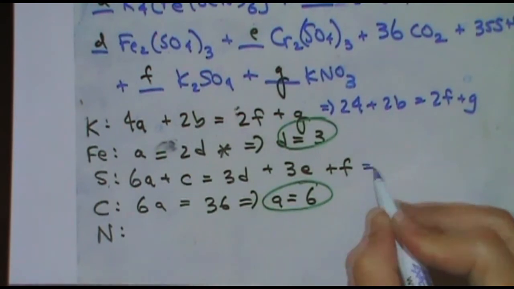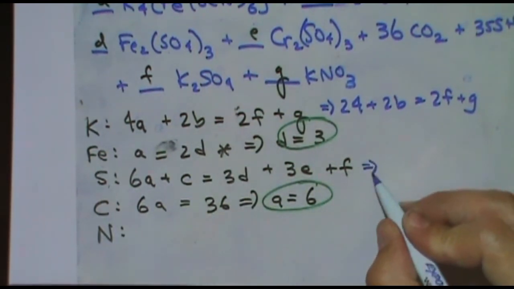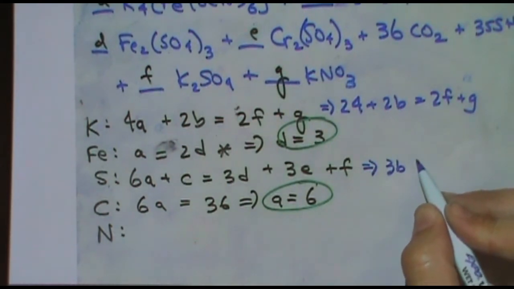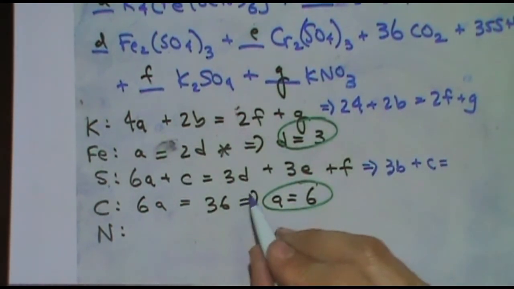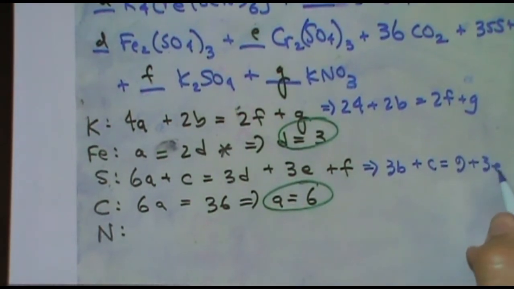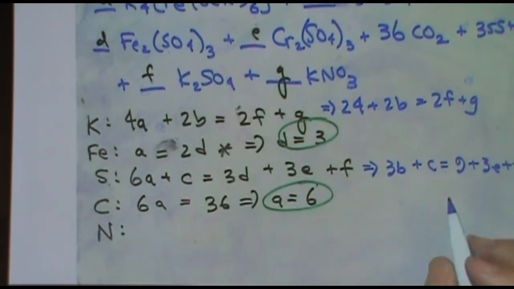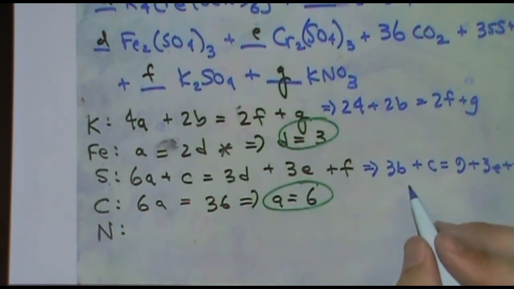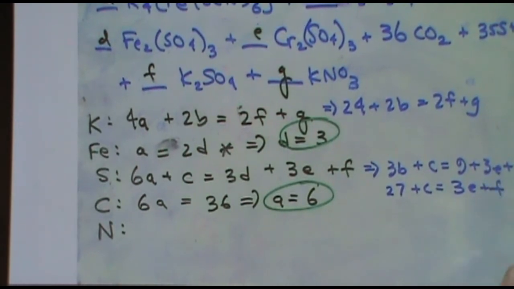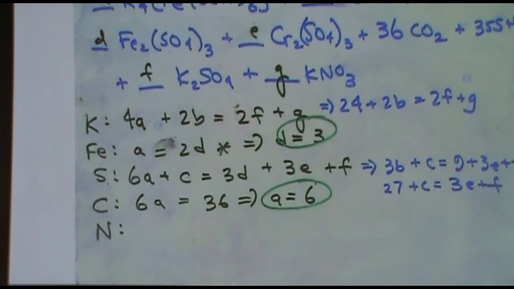And this one I can put A and D in here. So 6 times A, that's 36, plus C equals 3 times D, 9, plus 3E plus F. I can subtract out, 36 minus 9, what, 27? Plus C equals 3E plus F. Okay, so a little simplification going on.